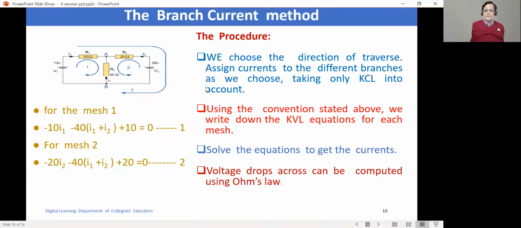In the branch current method, we assign a current to each branch of the network. First, we assign the currents to every branch of the network, taking KCL into account. Secondly, we choose the direction of traverse. Then, according to the convention that we have adopted, we write out the KVL equations.